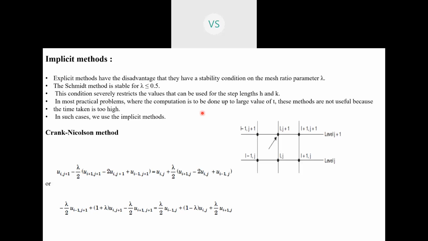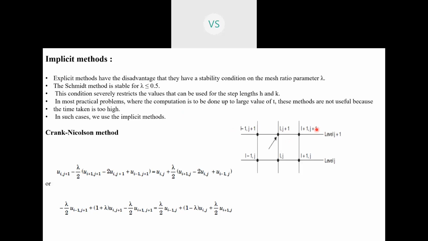In that case we go for implicit methods. This is the basic difference between implicit and explicit methods: no stability condition is required, and also no restriction on the values of h and k.